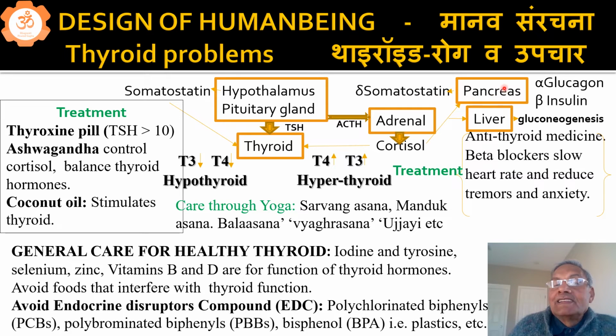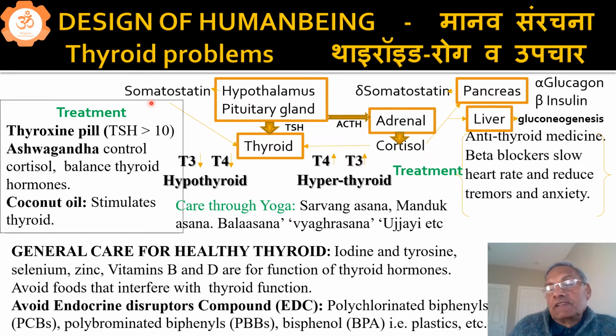Also, it is released by the pancreas. If alpha cells release more glucagon or beta cells release more insulin, in that case, the delta cells increase the somatostatin.